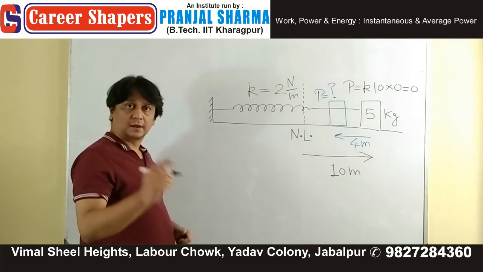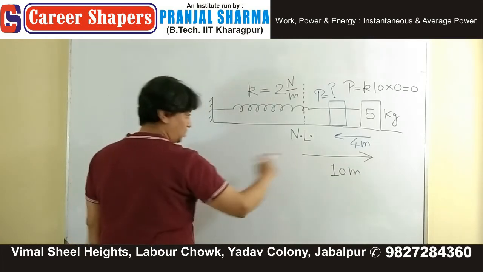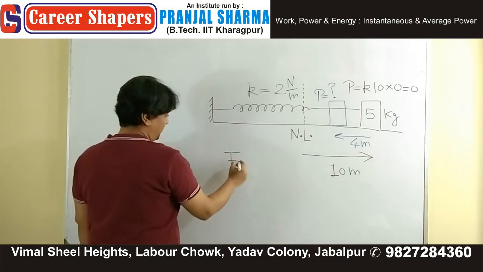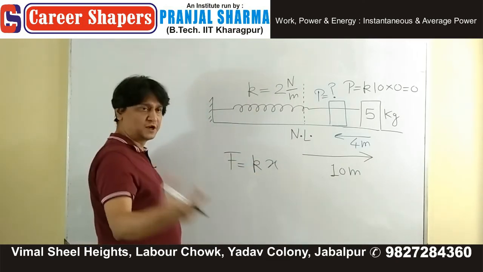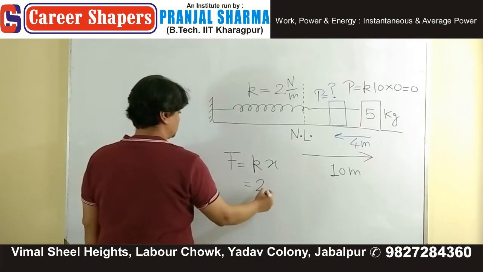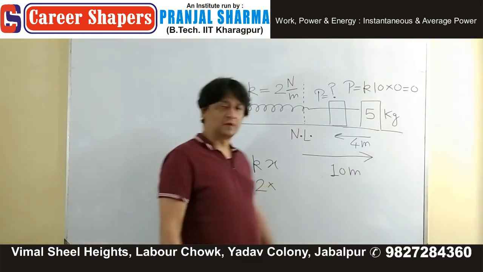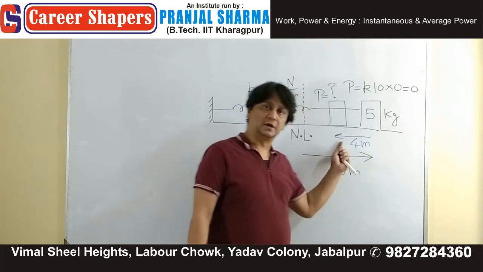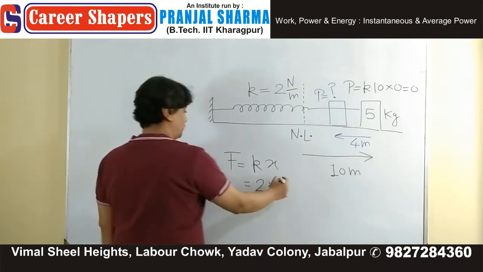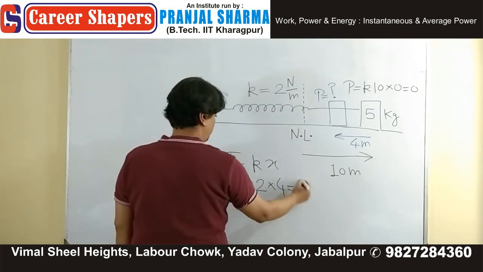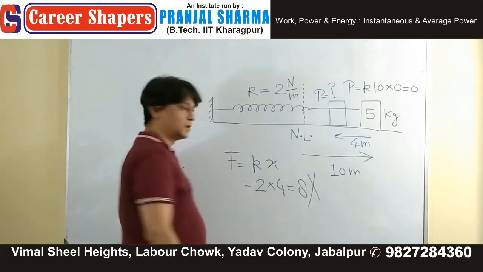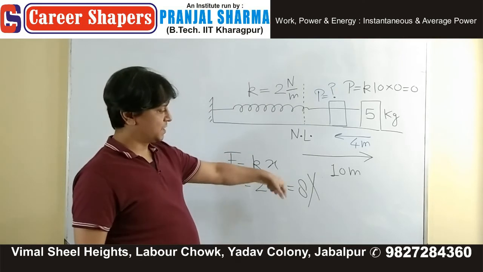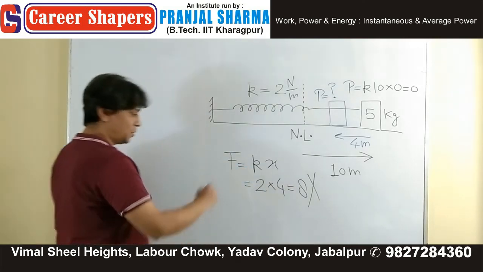Now, why do I say this whole thing? People have a tendency to write F as kx in magnitude, k is 2, and then they think that the body has moved 4 meters. And they go for 2 into 4, producing a force of 8, which is not correct. Everybody will write like this and make a cross. Why is this wrong?